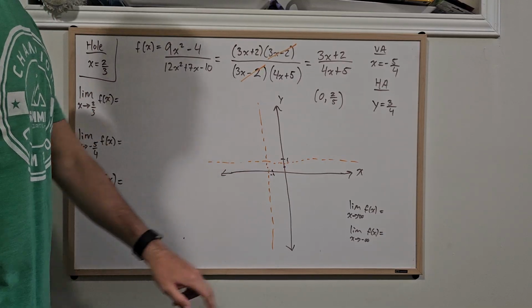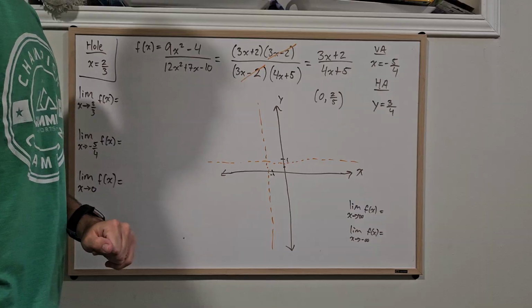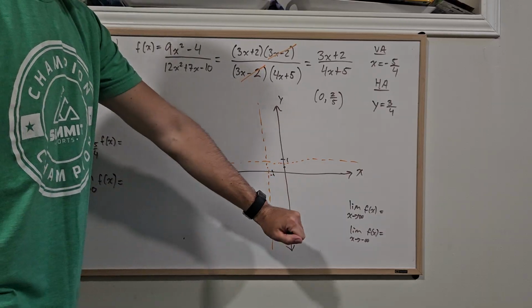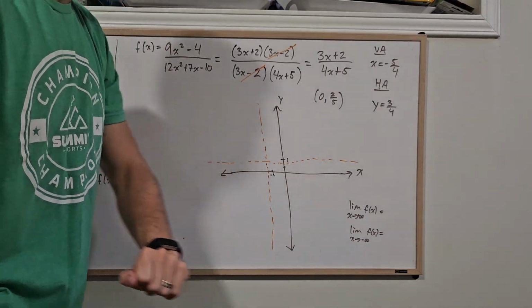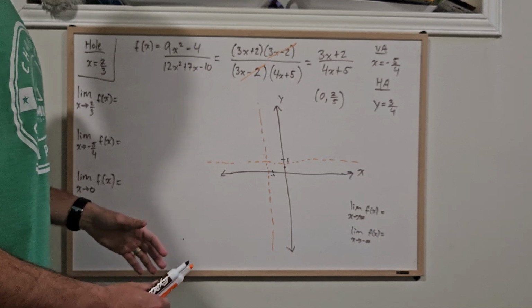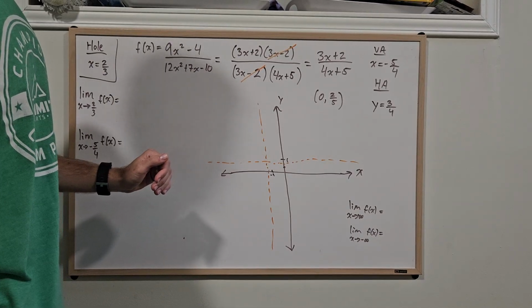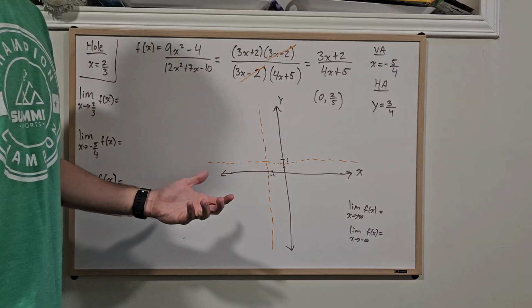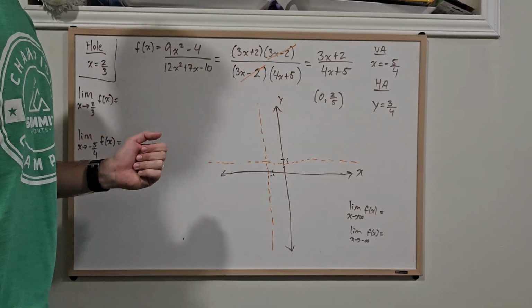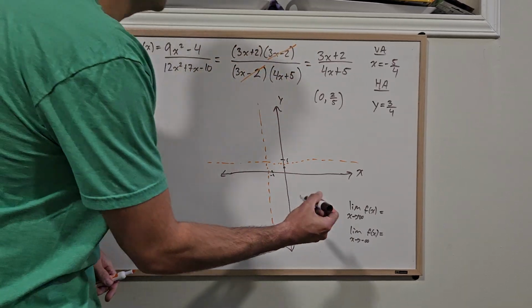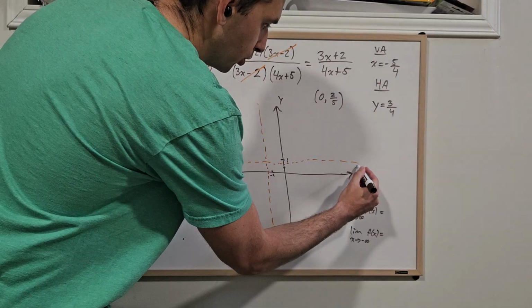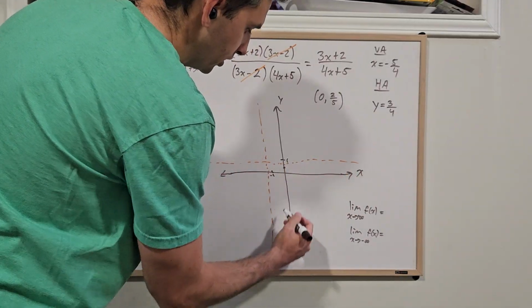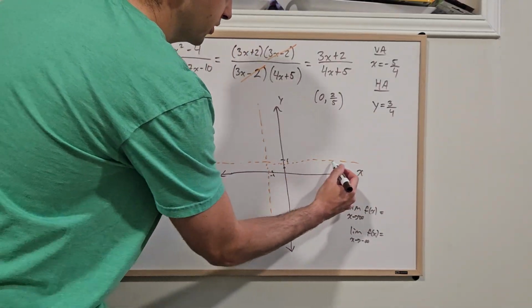Another thing we want to do is evaluate the limits as x approaches positive infinity and as x approaches negative infinity. We have these two asymptotes, so the end behaviors are determined by them. As x gets bigger and bigger, because we have this point here, we know the general shape.